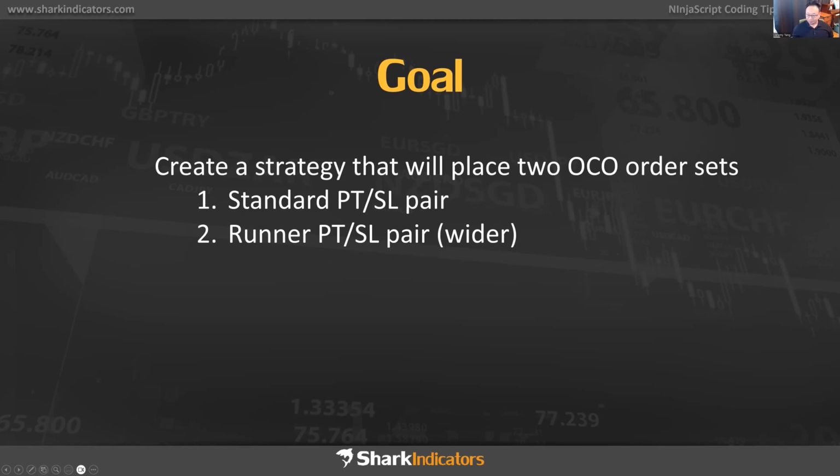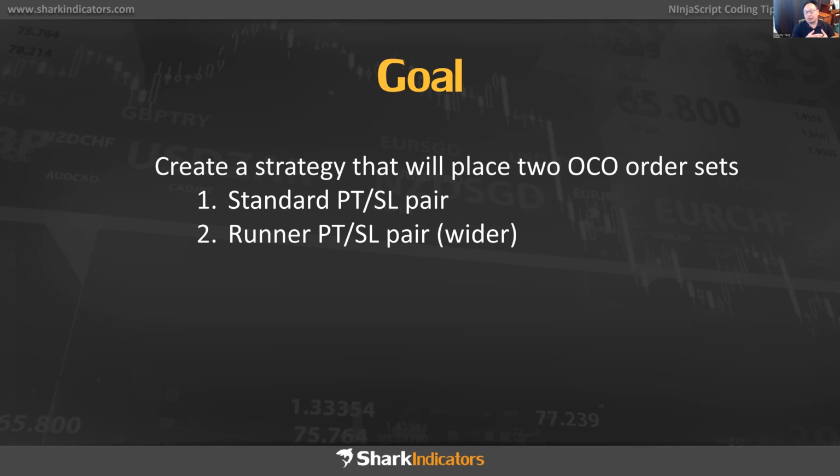Let's get into the objective of what we're going to try to do here. I'm going to try to build a NinjaScript strategy that's going to place two OCO order sets, that's a stop loss and profit target pair, two sets of those.